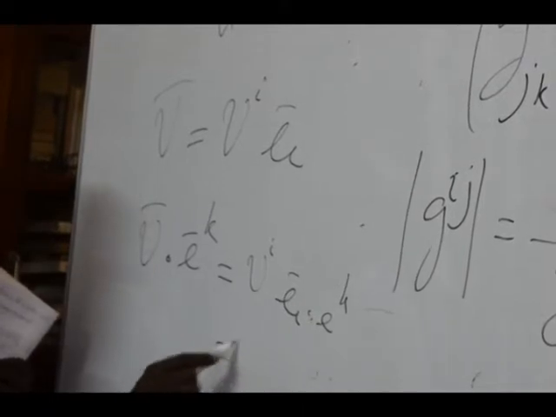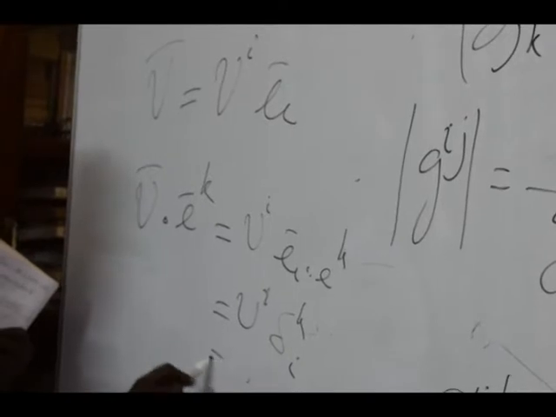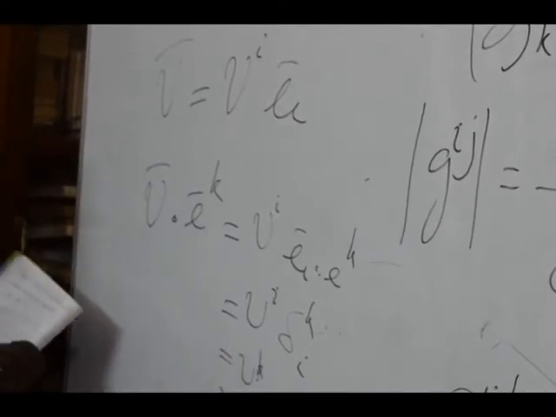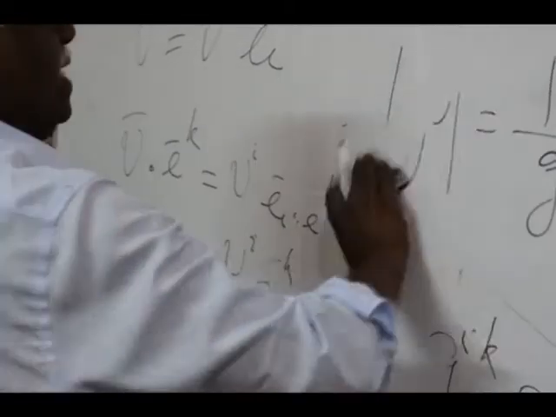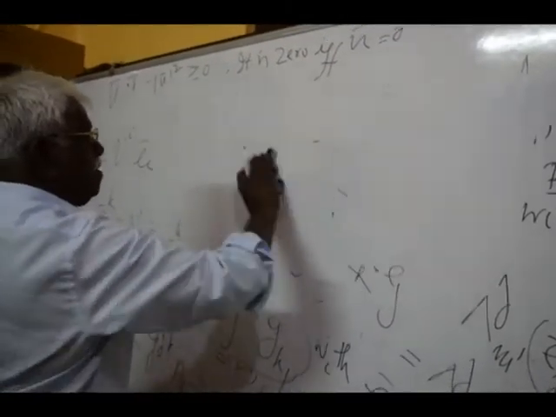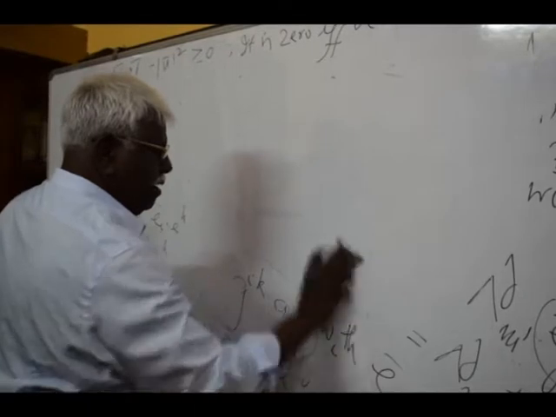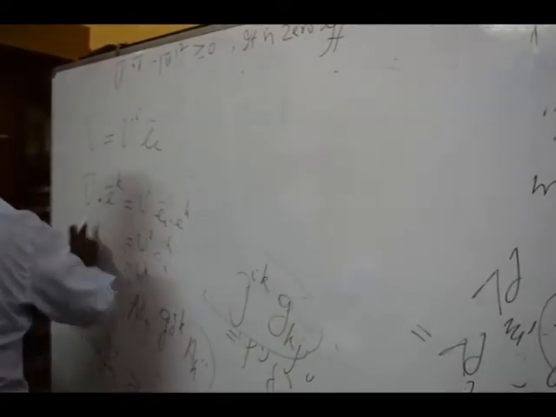So that is equal to Vi delta Ki, that is equal to Vk. So Vk is nothing but the dot product between vector V and Ek. That is a fundamental expression we often use, even in quantum mechanics.